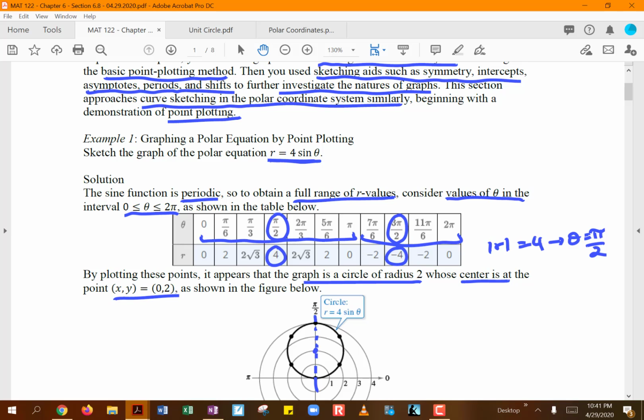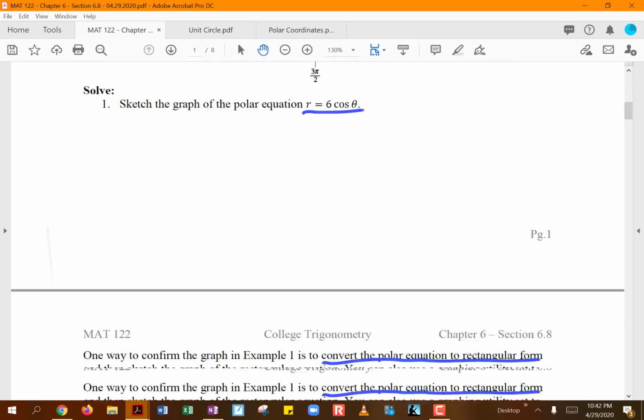And then for when the r value is equal to 0, you will see they are equal to 0 at angle 0, equal to 0 at angle pi, equal to 0 at 2 pi. So you can basically say they will be equal to 0 when theta is 0, or theta is pi, or when theta is 2 pi. So that's kind of what we're talking about.